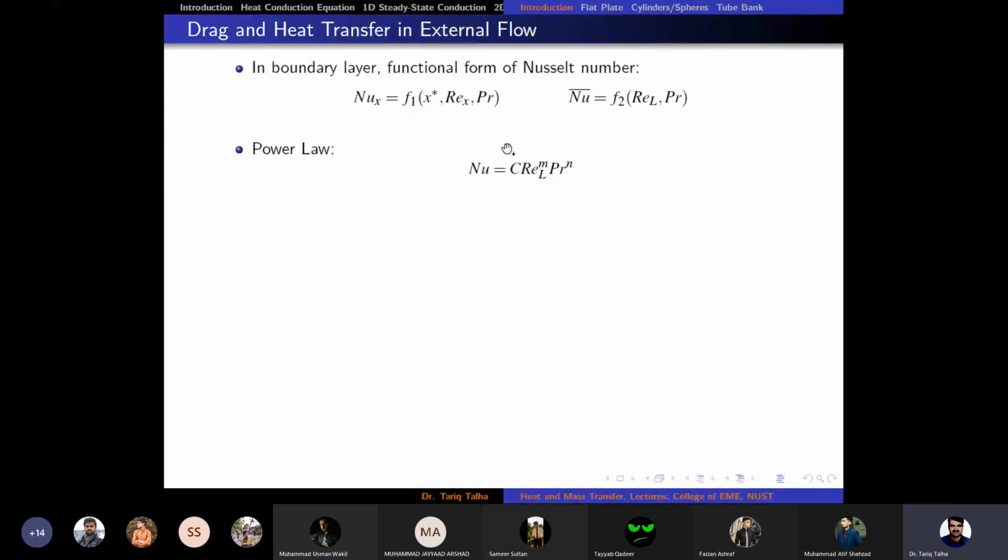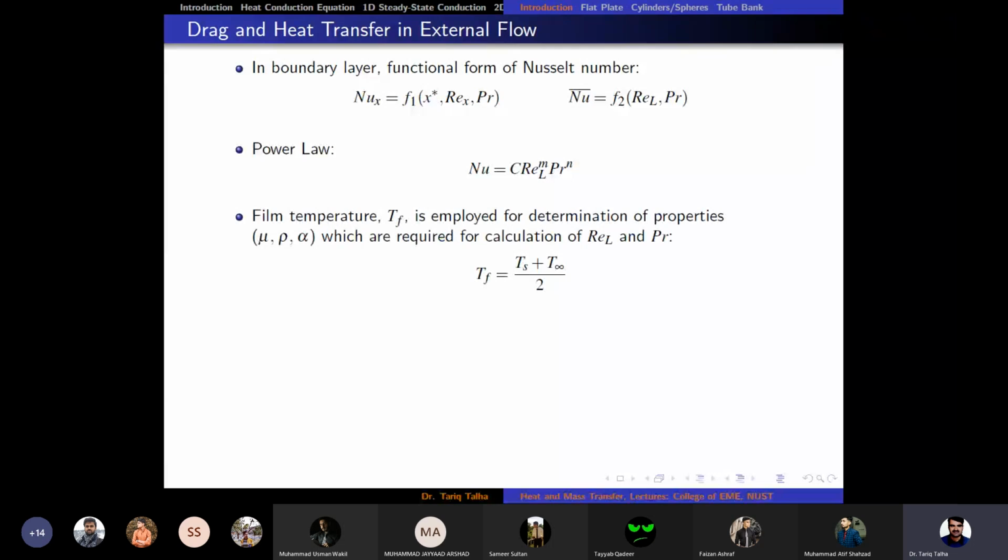That is quite simple to do, so we can always determine the values of C, m, and n. That is the simplest form of the functional form as an empirical correlation. And I repeat, the values of C, m, and n come from curve fitting of the data produced by the experiments we conduct.